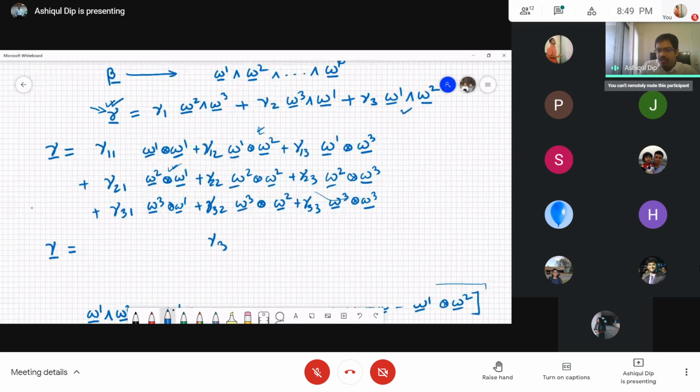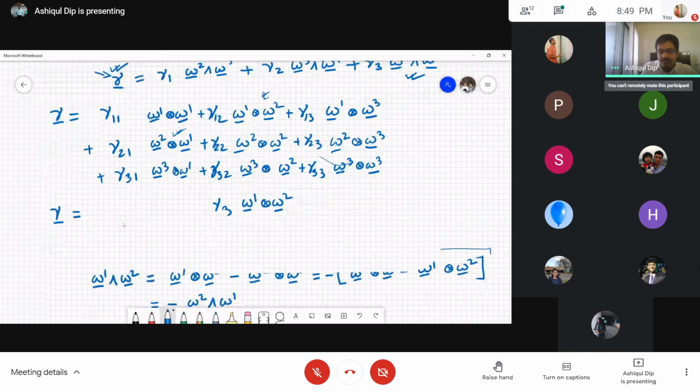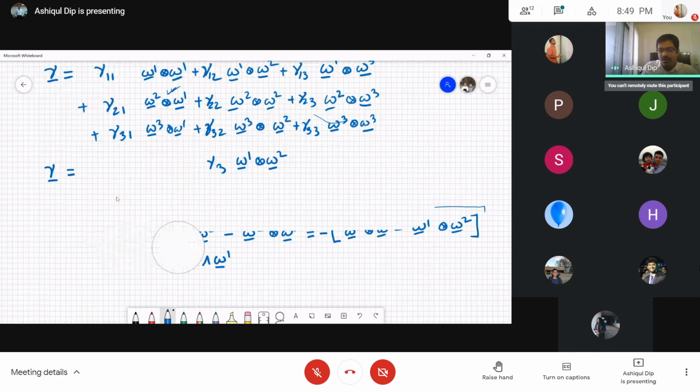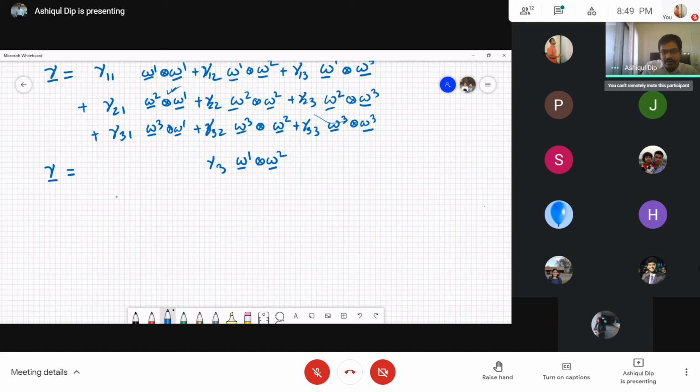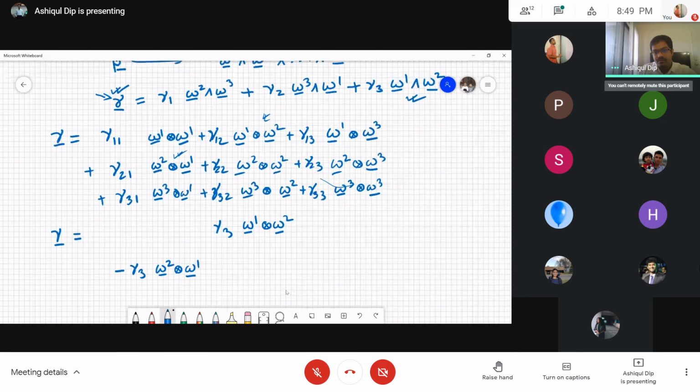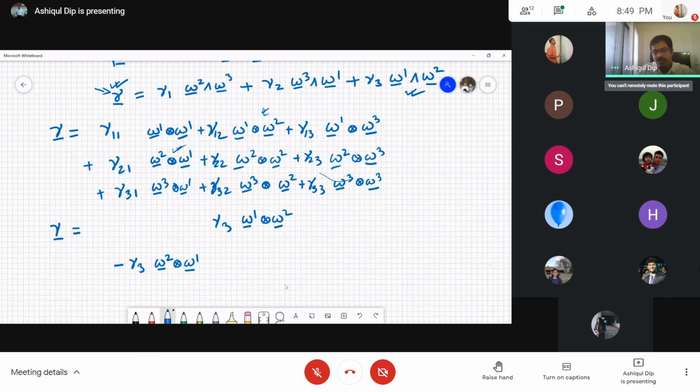I'm writing down the last term first. So that's actually gamma 3 times omega 1 times omega 2, and then minus again gamma 3 omega 2 times omega 1, right?